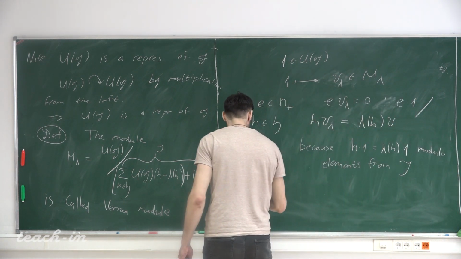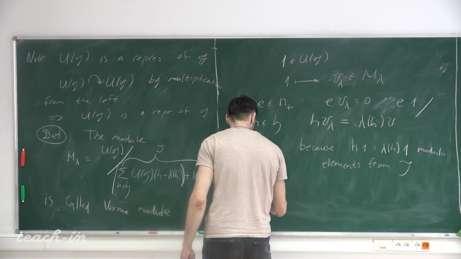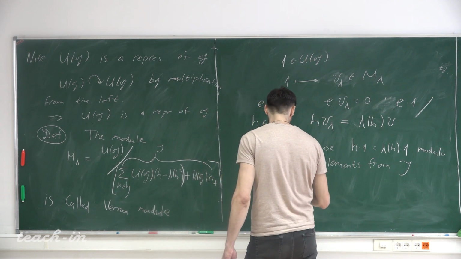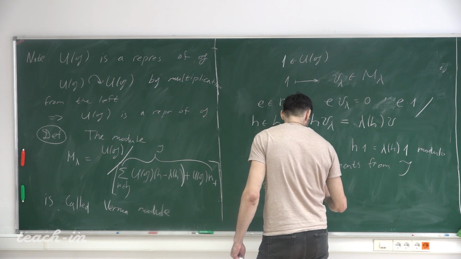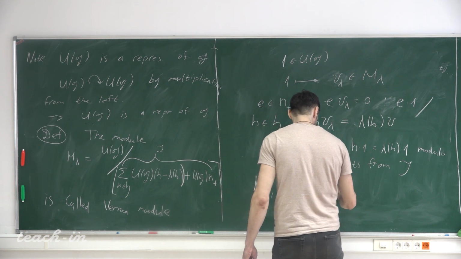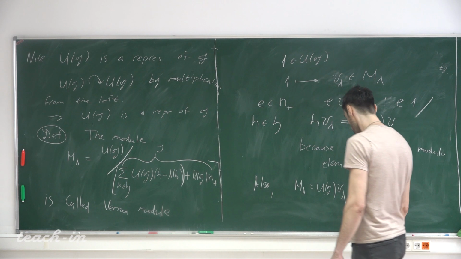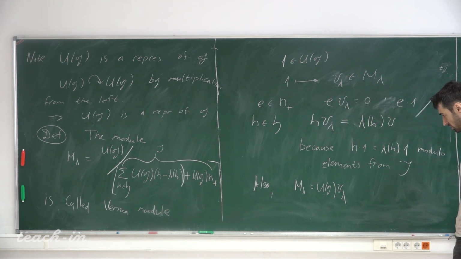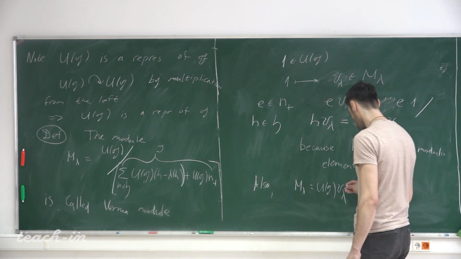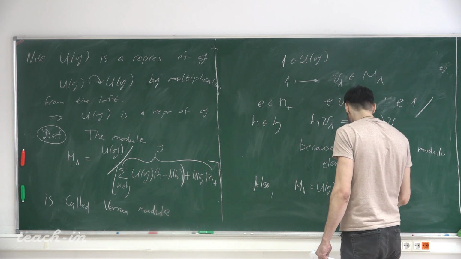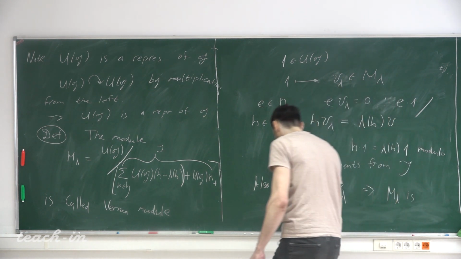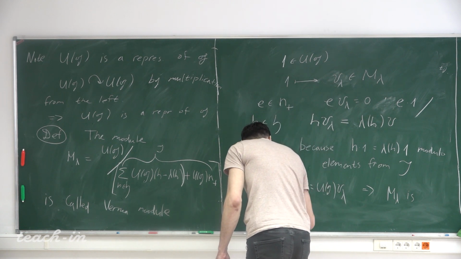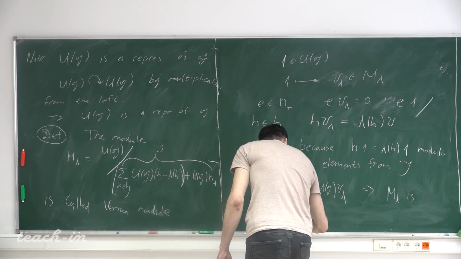So the whole M lambda is U of G applied to V lambda. Therefore, M lambda is a highest weight representation.